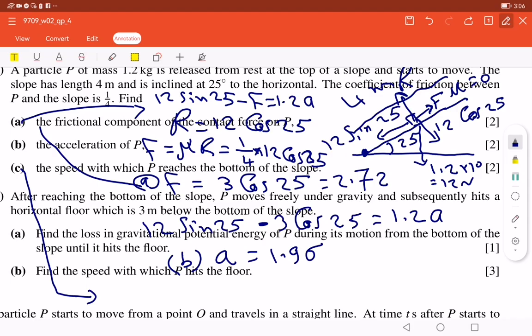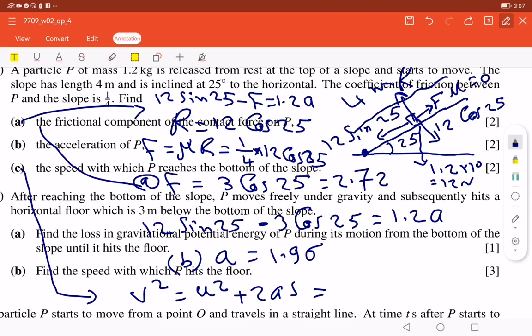So we can use this formula, V squared equals U squared plus 2AS, where U equals 0 as the body is released, means it starts from rest.